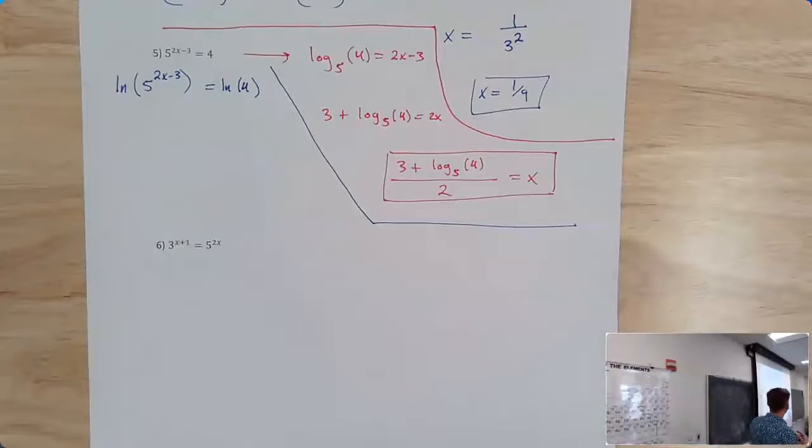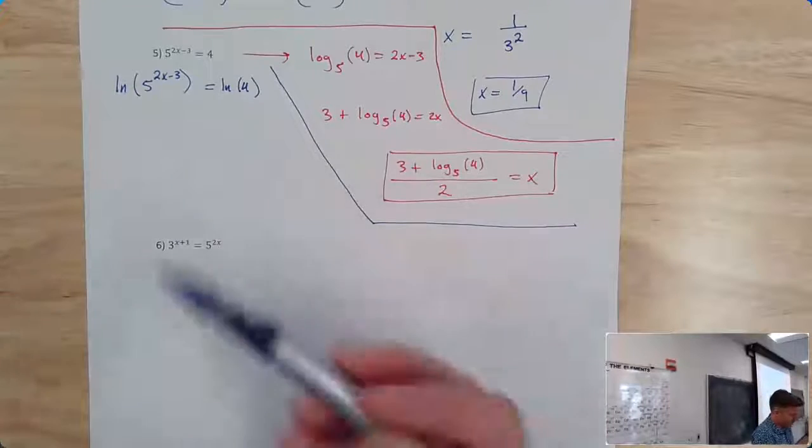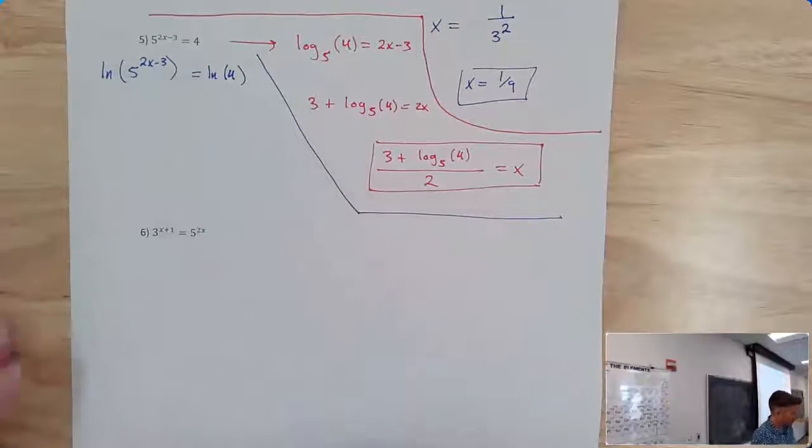I should also mention, I am not multiplying by the natural log, just like we don't multiply both sides by the square root. If you have x squared equal to 9, you're not multiplying by the square root. You are taking the square root of the stuff on each side. We are taking the natural log of, right? We are doing a thing to another thing. We're not multiplying by something.